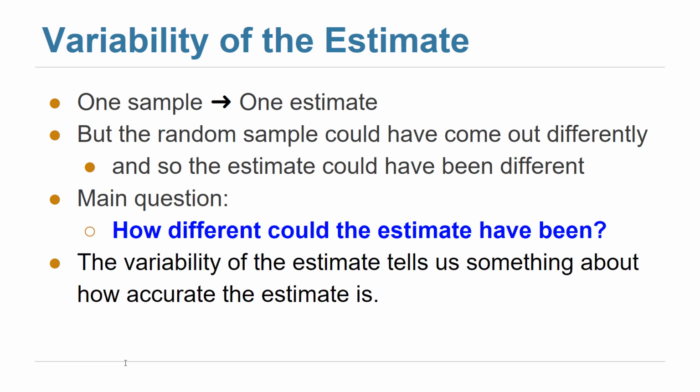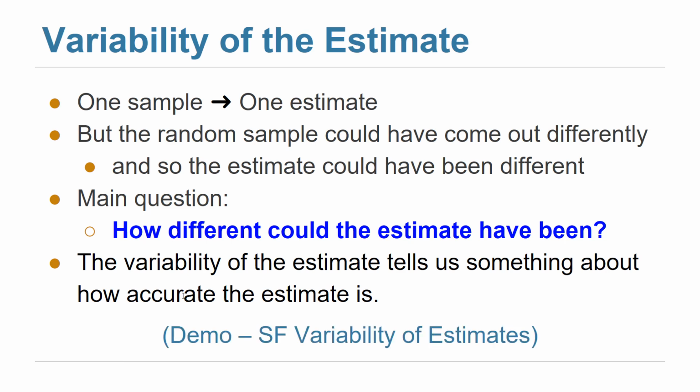Why is that important? Because the variability of the estimate tells us something about how accurate the estimate is. If most of the values of the estimate from different samples are very close to each other, then that will give us some indication of the quality of the estimate, as we will see later in this session.